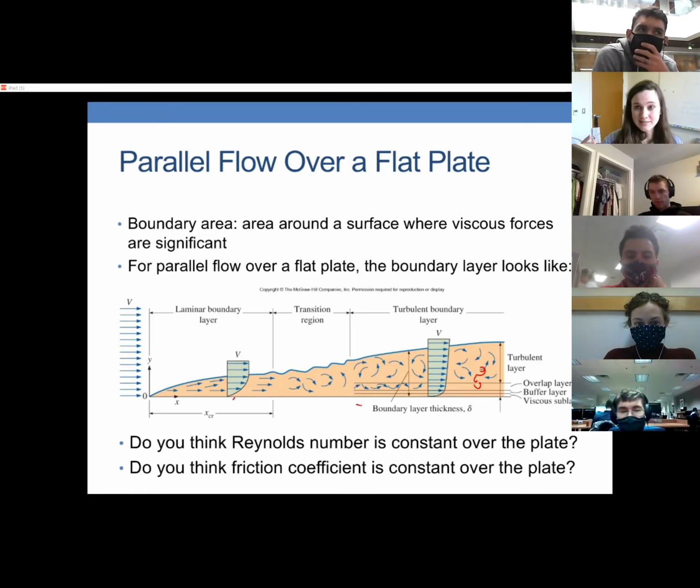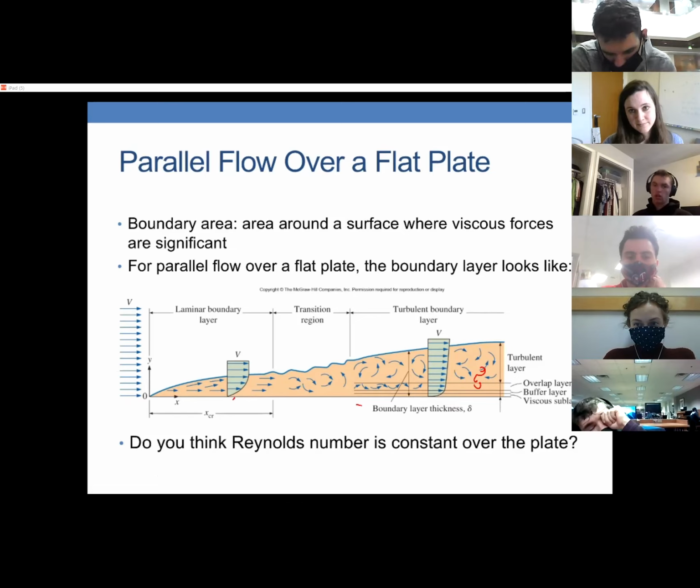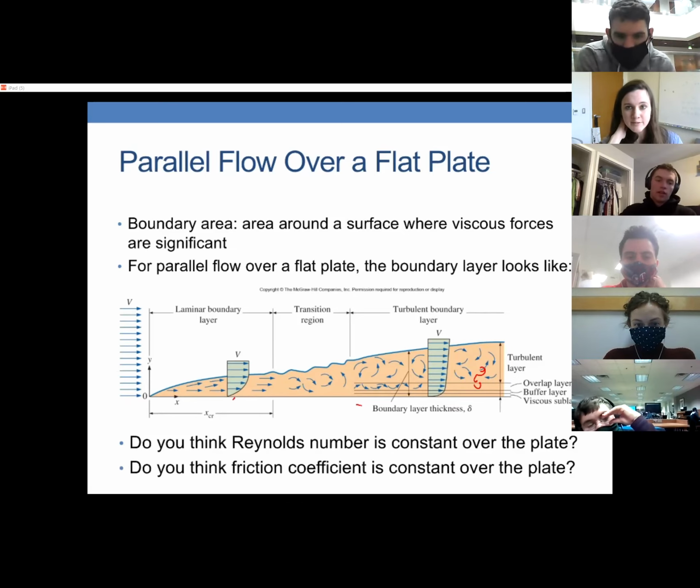It shows the path of the flow, like if you took a little piece of fluid and followed it around. It doesn't show what the velocity is. Right, okay, cool. Thanks, Professor. Cool. Thank you.